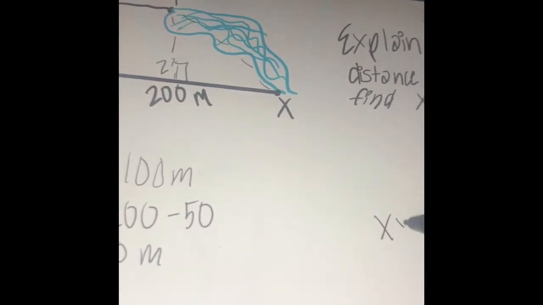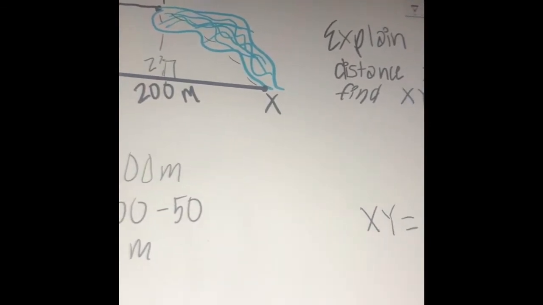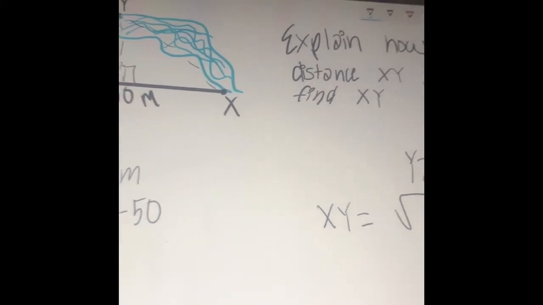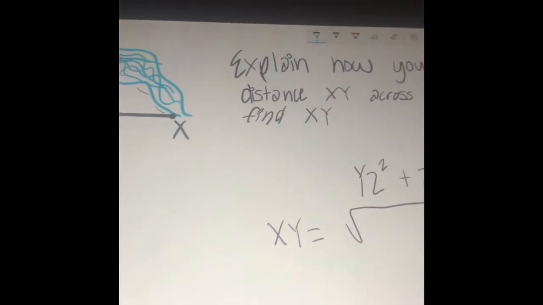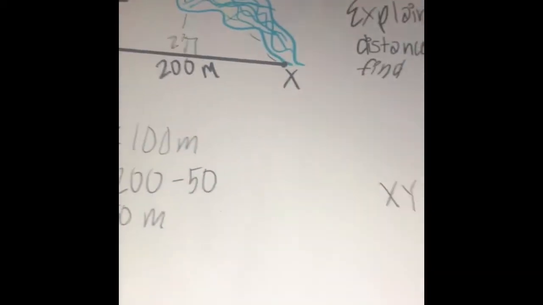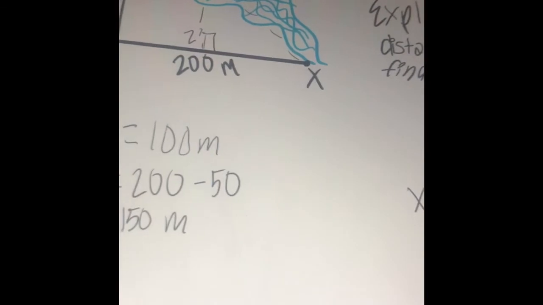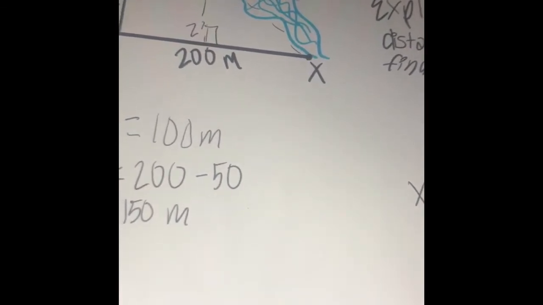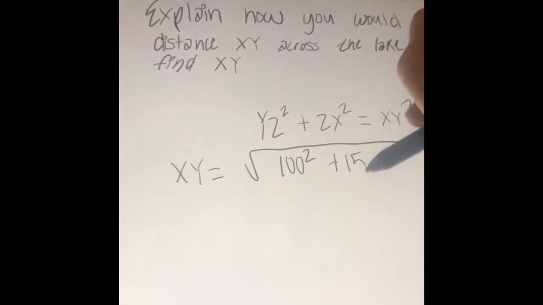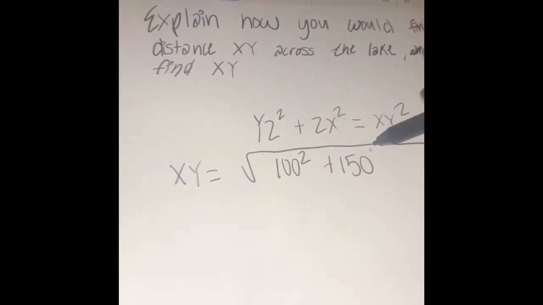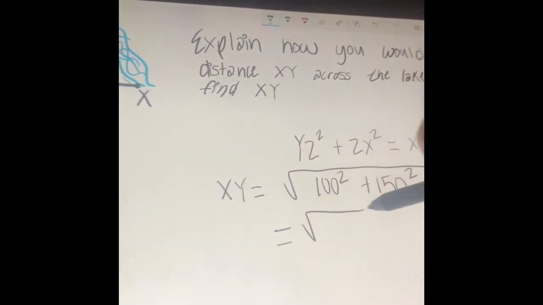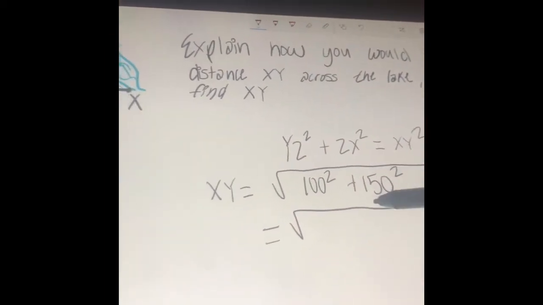So the distance XY will equal the square root, since we are taking the square of everything. And using our calculations over here, we have 100 squared plus 150 squared. I already did the math before just to save time.